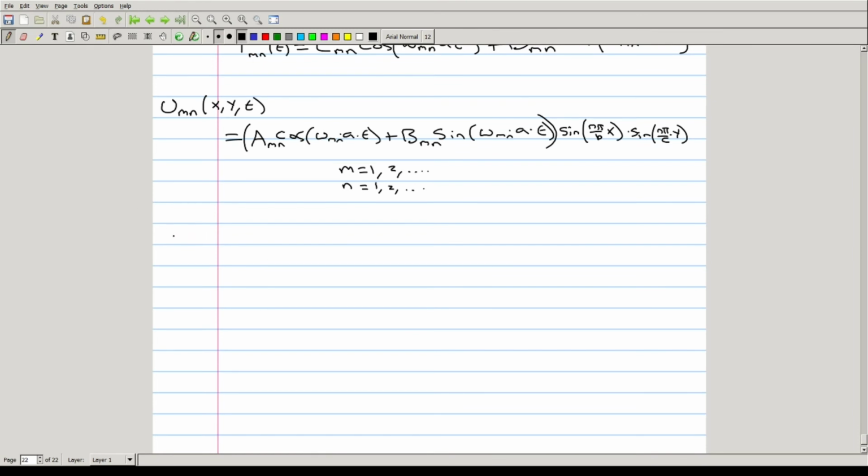And so as long as the sum that you get is uniformly convergent, the general form for the solution to the 2D wave equation is going to be the infinite double sum from m equals 1 to infinity, n equals 1 to infinity of these functions right here.